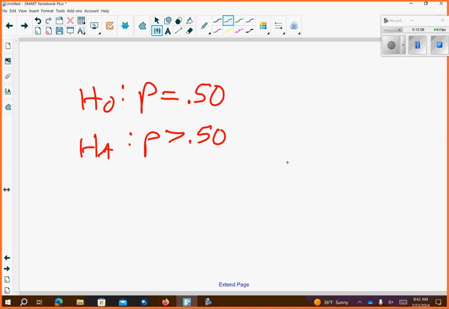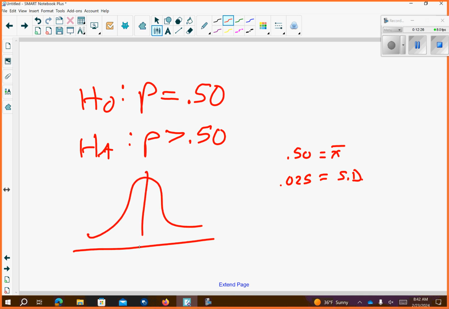We're saying that 0.50 is our mean, and our standard deviation is 0.025. So we made our normal curve. We could go 50, 52.5, 55, 57.5.